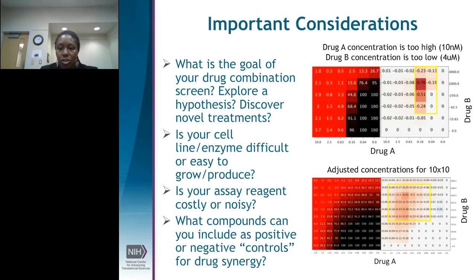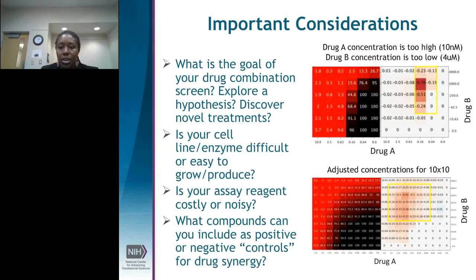Drug A was adjusted down from 10 nanomolar top concentration to 5 nanomolar, and that gave us what I was speaking about earlier. It gave us one concentration where there's a lot of activity, but 2 concentrations in that middle range, and many concentrations without any activity.